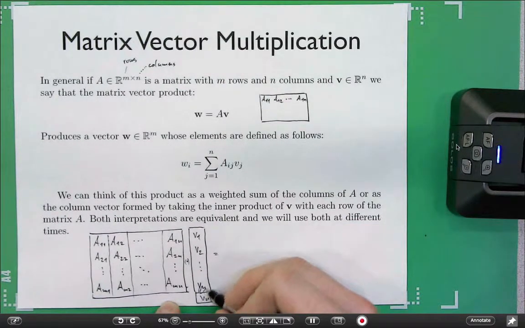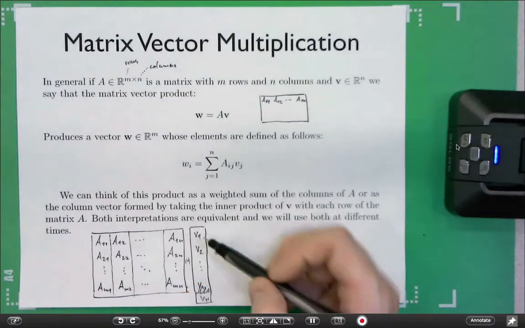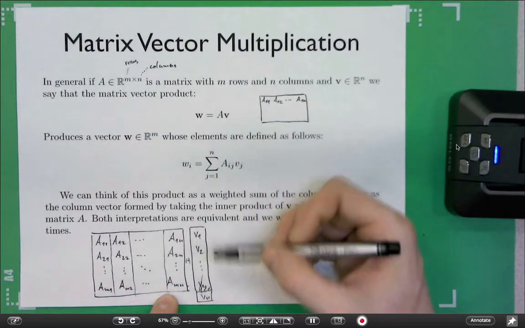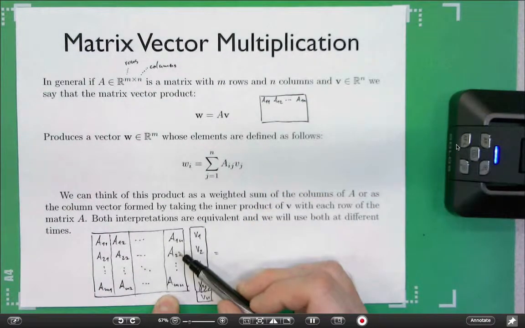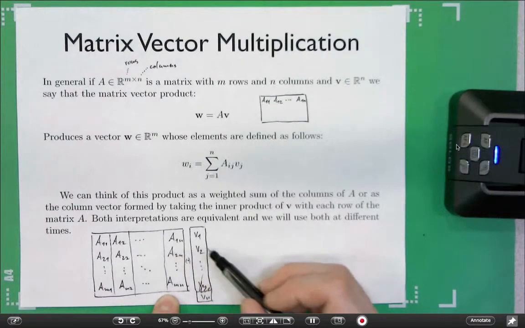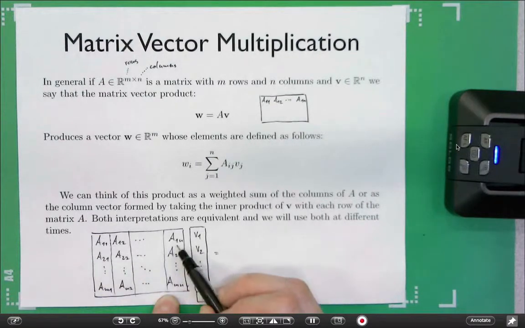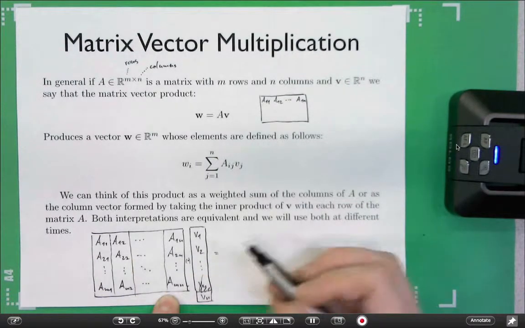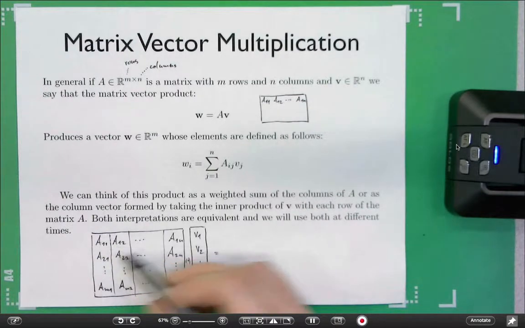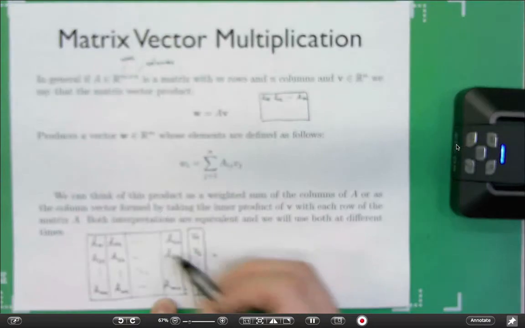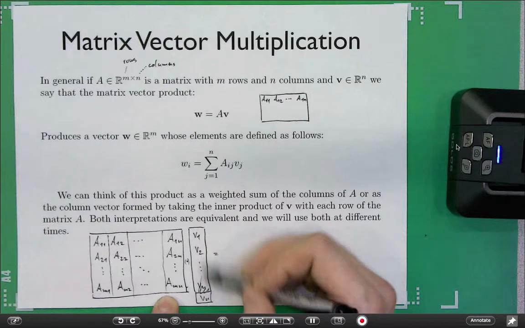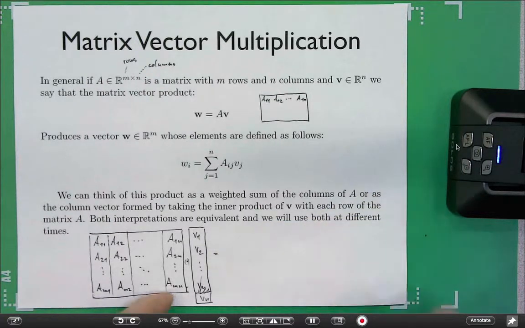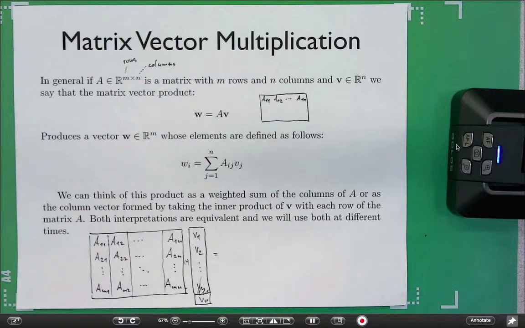Because the length of this vector has to match the number of columns. The n here is the same as the n here. So if I have, for example, a 2 by 50 matrix, with just 2 rows and 50 columns, I need a 50-dimensional vector to multiply it with. Otherwise, it's not defined.